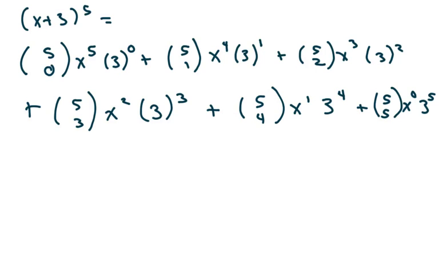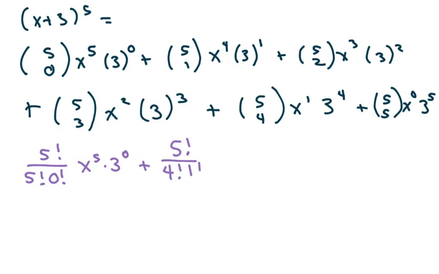Alright, and now I'm going to go ahead on this one and write all this out. I'm going to write this as 5 factorial over 5 factorial, 0 factorial, x to the fifth times 3 to the 0. Next one's going to be 5 factorial over 4 factorial times 1 factorial, x to the fourth, 3 to the first, plus 5 factorial over 3 factorial times 2 factorial, x cubed 3 squared.